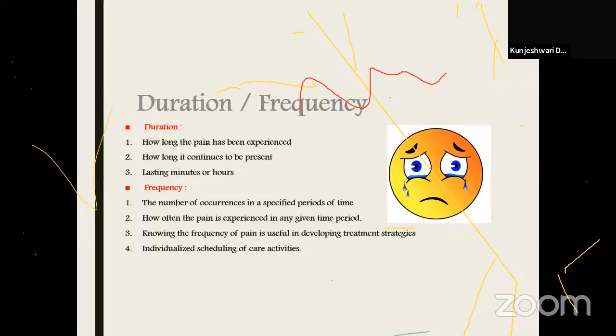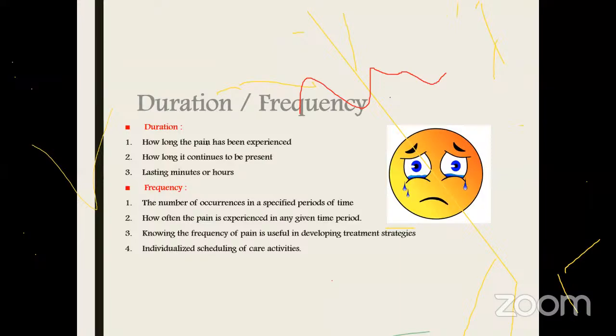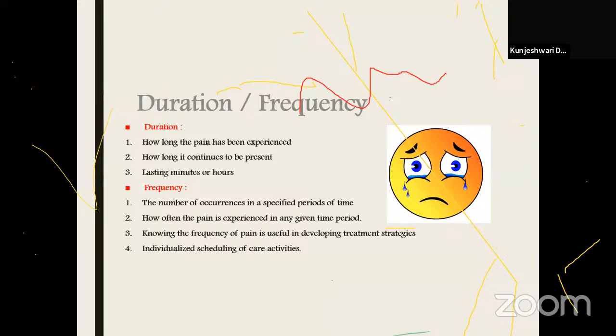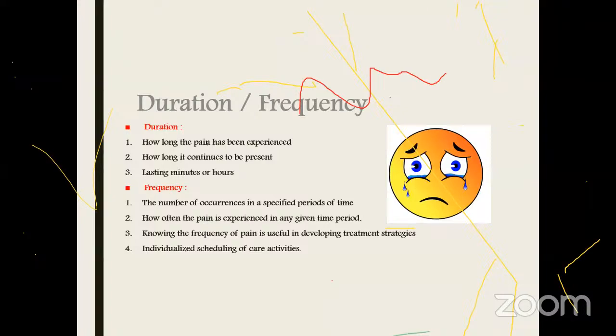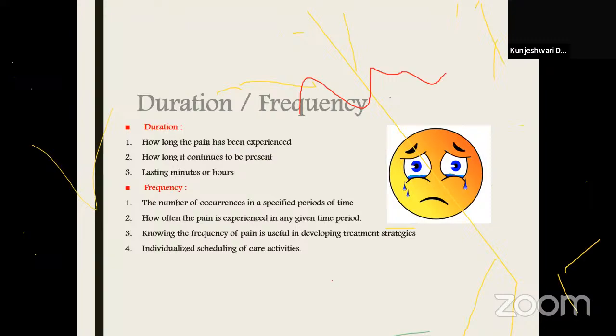Duration is how the onset of pain: 1 o'clock the pain came, then the pain came at 2 o'clock or after 3 o'clock. So that is called the onset. All of us should know. Once the pain comes, the duration is how much time it stayed with the patient. So that is very important.